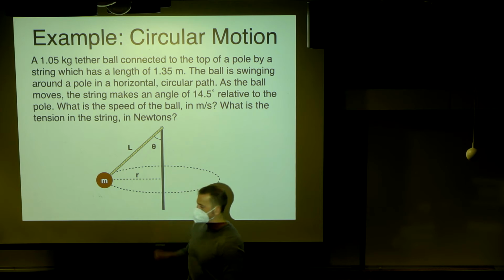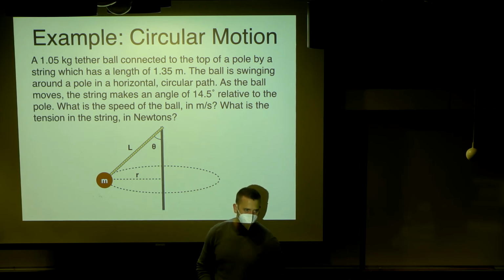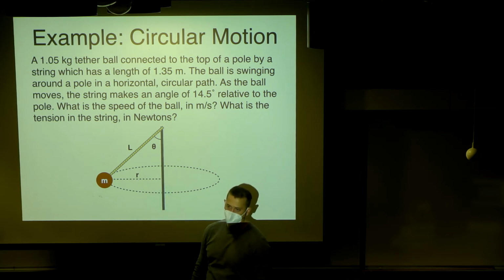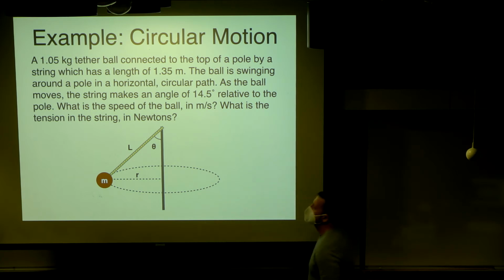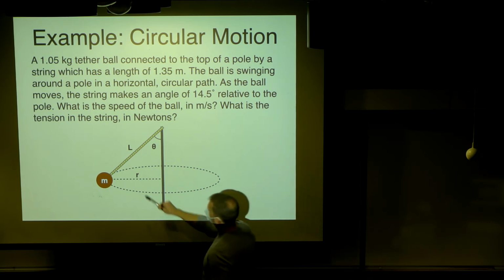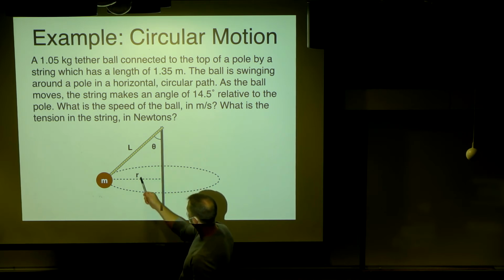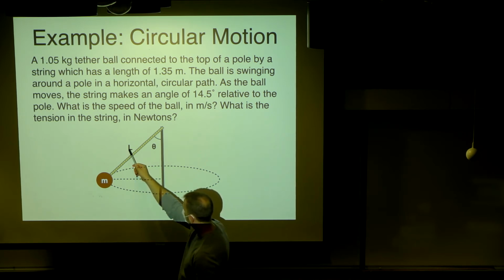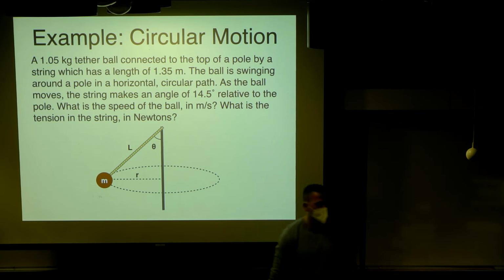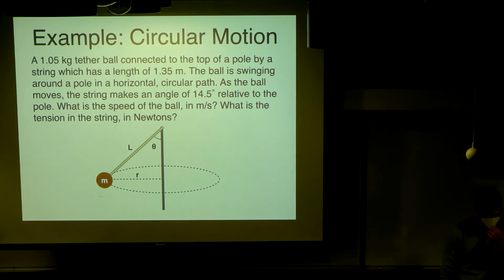Do I know the radius of the circle we move? Is this a number that's in that text right there? No. So what is a number that we know? L, right? So how can I work out R, given that I know L and that I know theta? It's just a little bit of a trick, right?